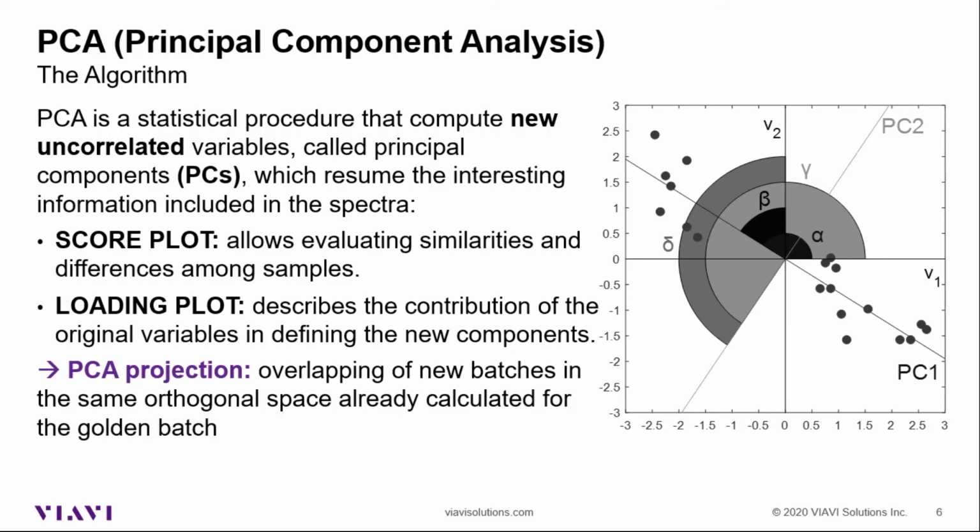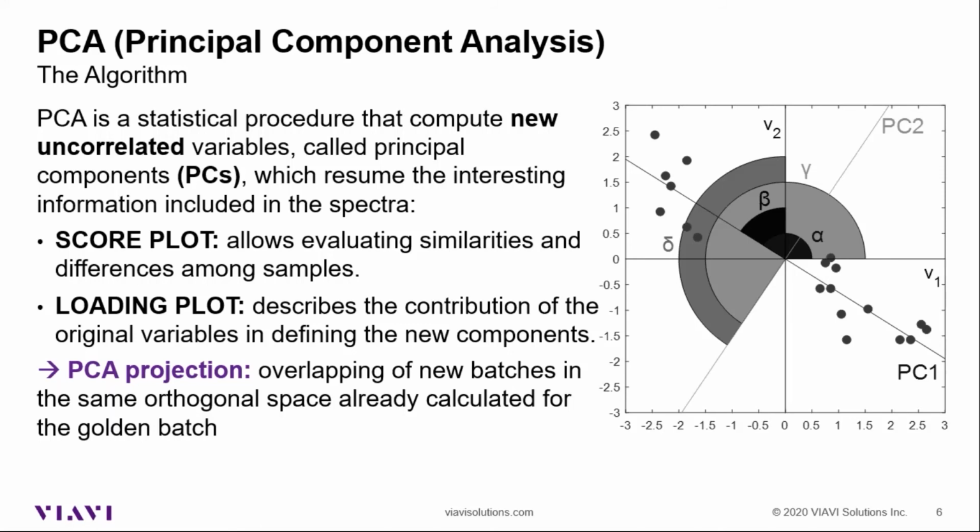So we start with more than 100 spectra, and we will resume the whole information in 2 or more than 2, but usually 2 new variables that are completely uncorrelated and orthogonal, called principal components.